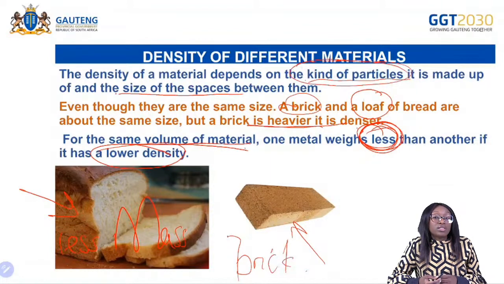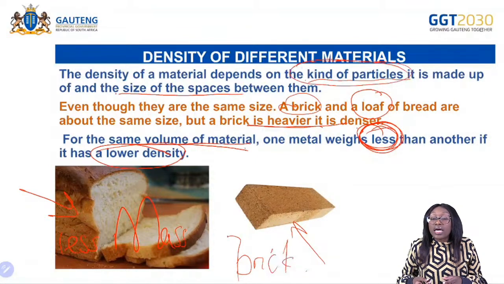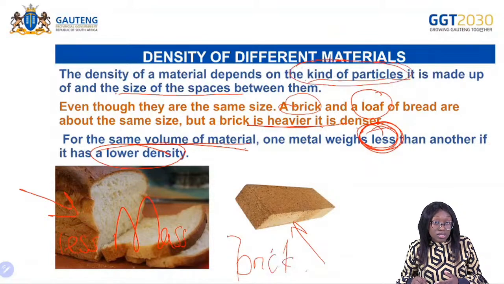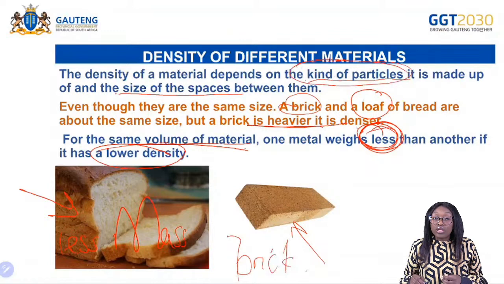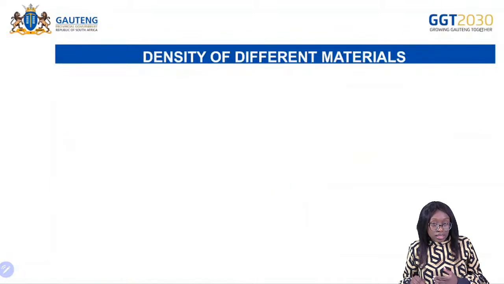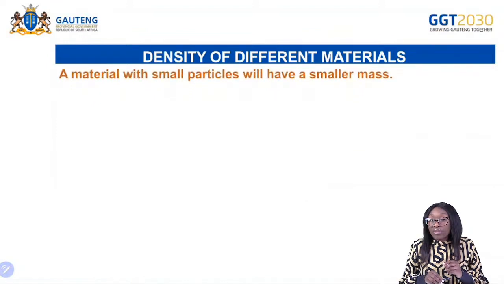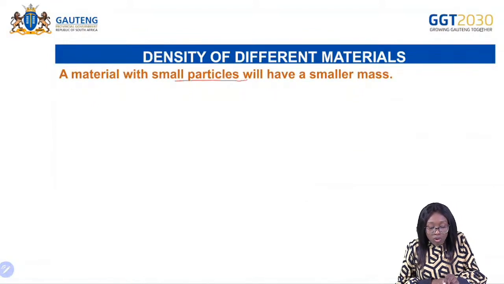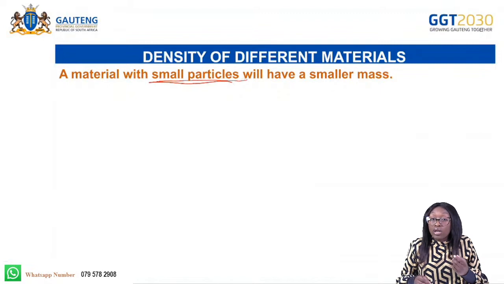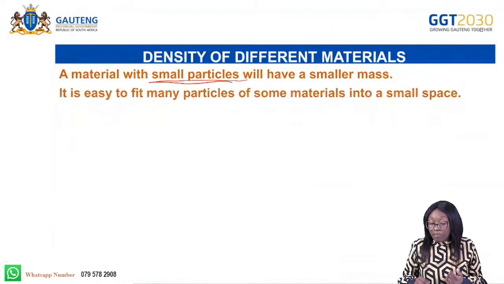Remember, we learned that the smallest unit of matter is what? It is an atom. An atom belongs to different elements, and different elements have different properties. So two solids may have different densities. Okay, so a material that has small particles will have a smaller mass.